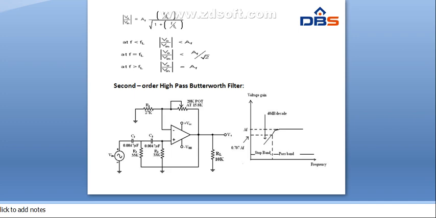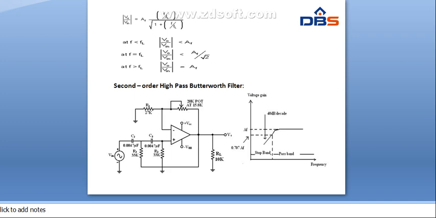The high pass filter passes the high frequencies and it attenuates the low frequencies. Next, see the second order high pass Butterworth filter.